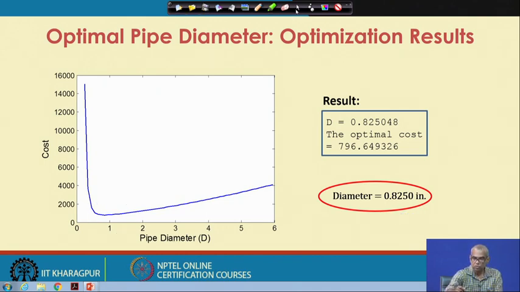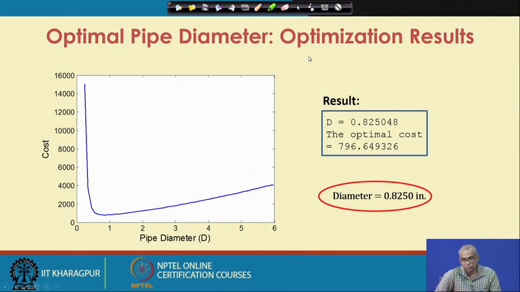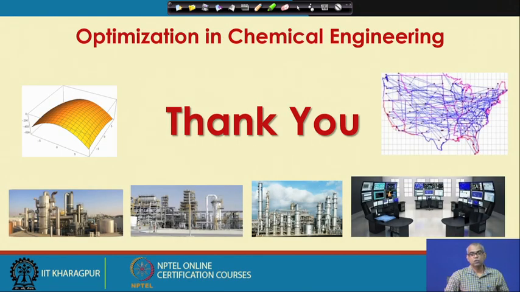So, this is how we can solve a single variable minimization problem where we know the optimal solution lies between a lower bound and an upper bound. So, with this we complete lecture 53 here.